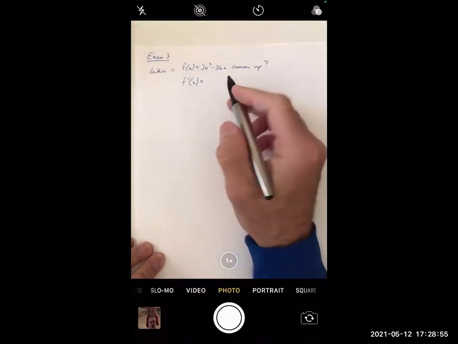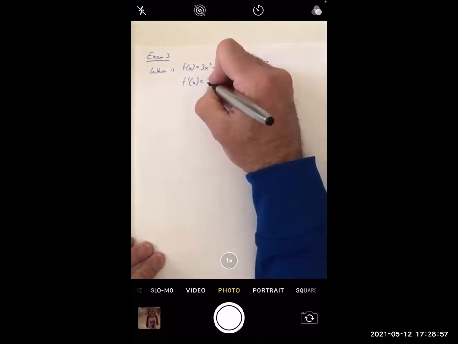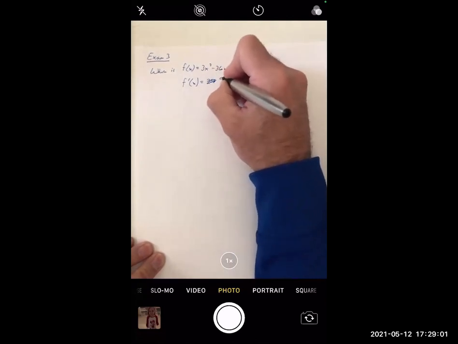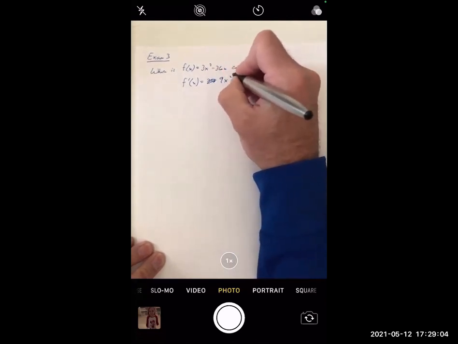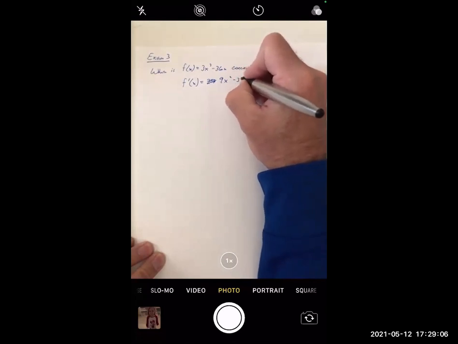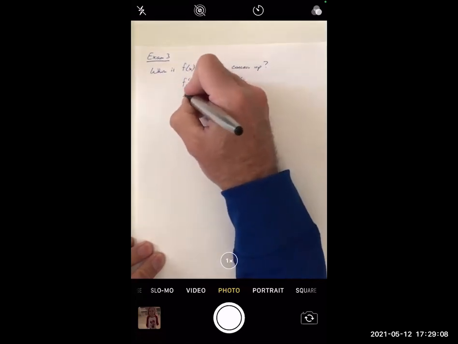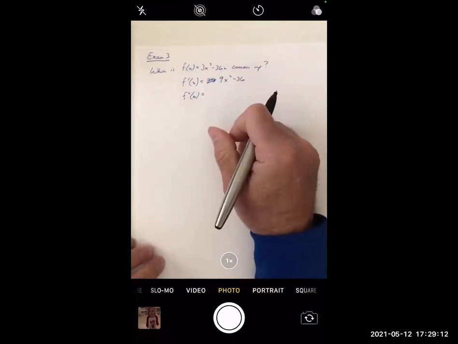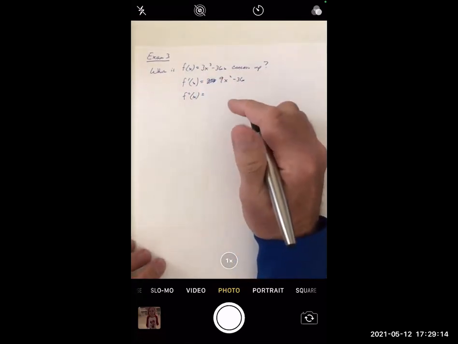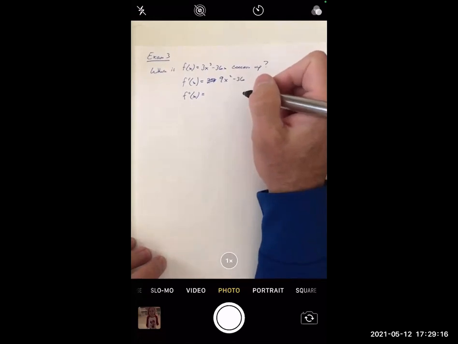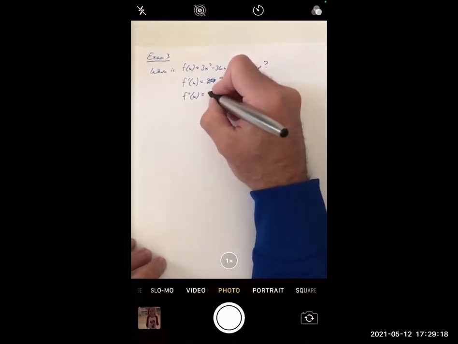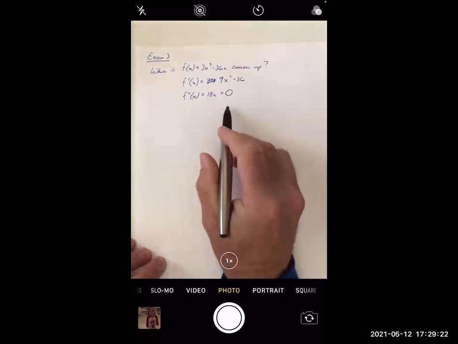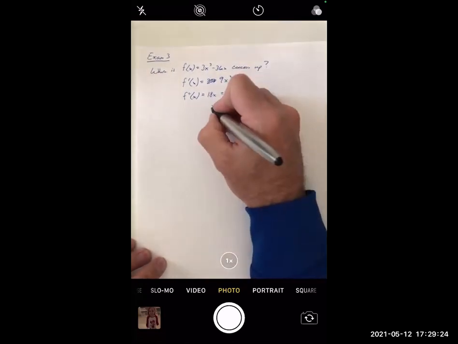So the first derivative would be, whoops, not 27, 9x squared minus 36. So your second derivative would just be 18x. So just set that to 0, solve for x.